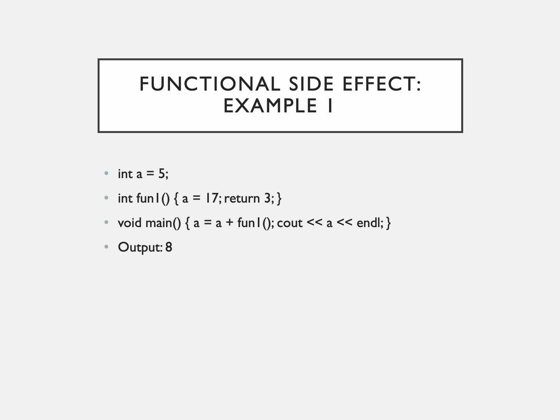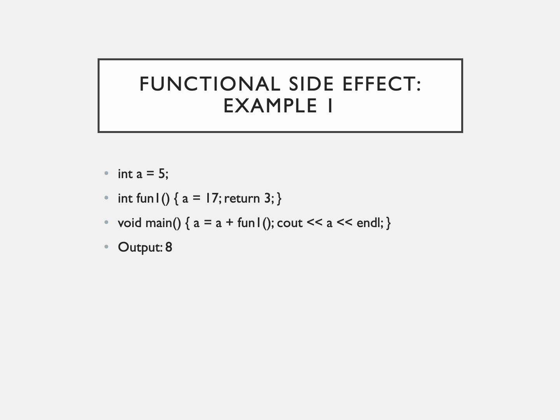But in this case the output is 8. Why? Because in this specific compiler's evaluation strategy, the value of a is read first before function 1 is executed. Then function 1 sets a equal to 17, but the original value 5 is still used in the addition. So a equal to 5 plus 3, and finally a equal to 8.